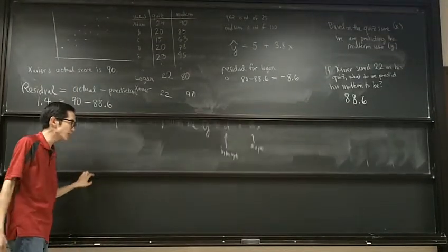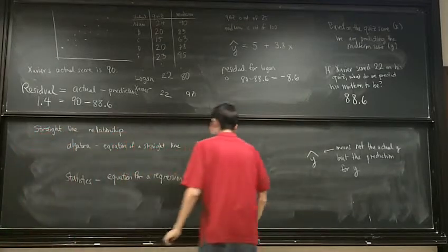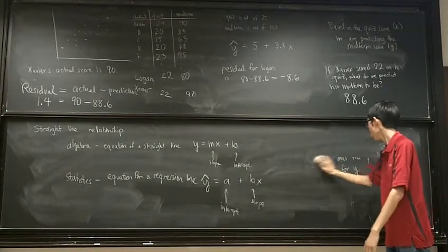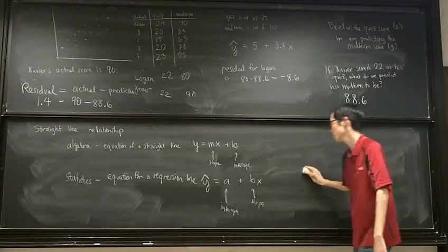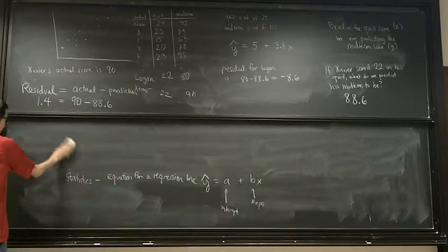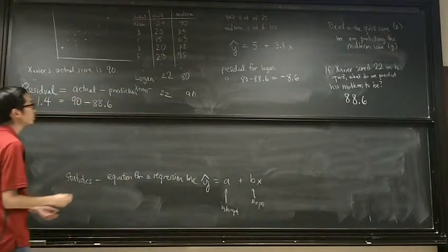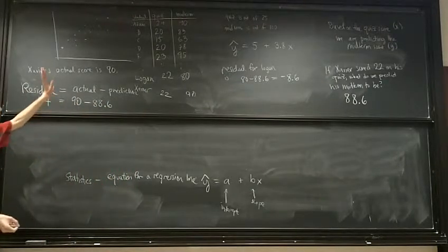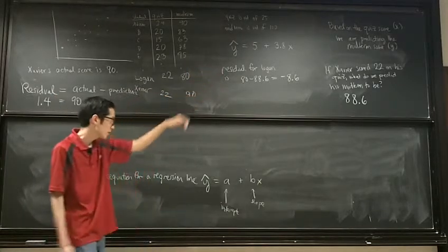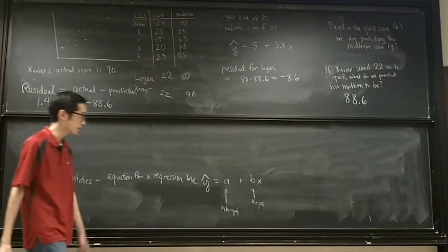Some smart people did some calculus and some complicated math work, and they found the formula for finding the slope and intercept. Before we get to how we got the 5 and the 3.8, which I actually just made up, let's talk about what the slope and the intercept mean.